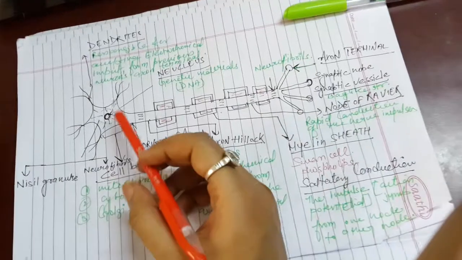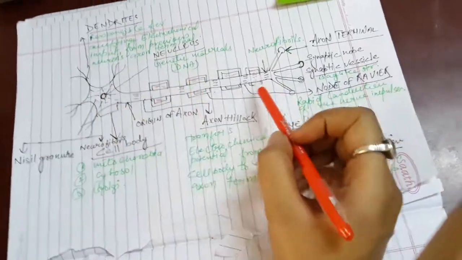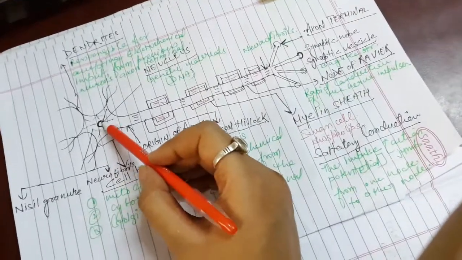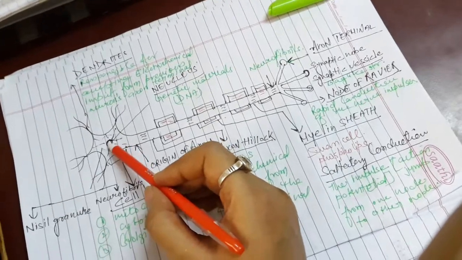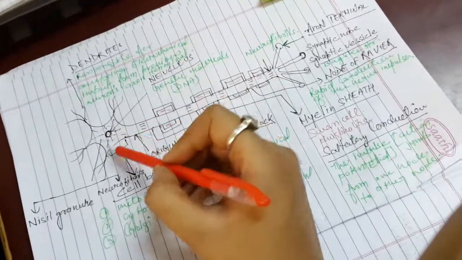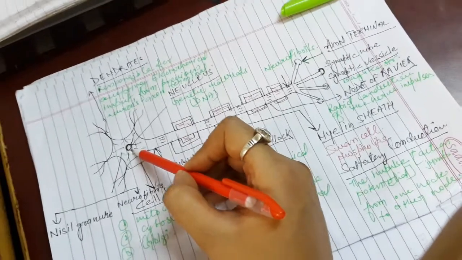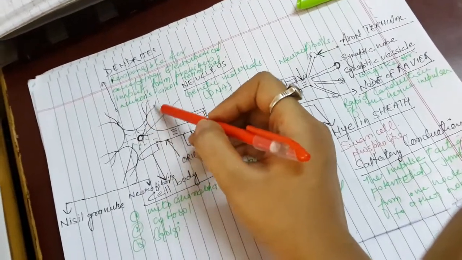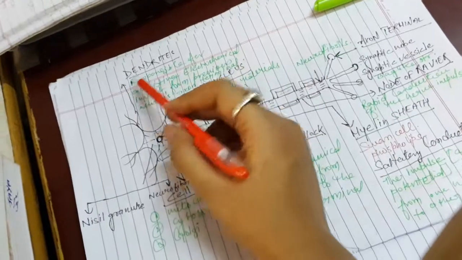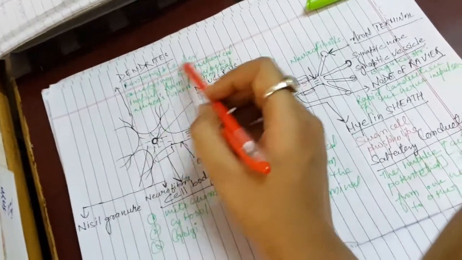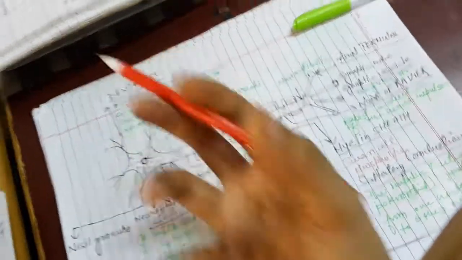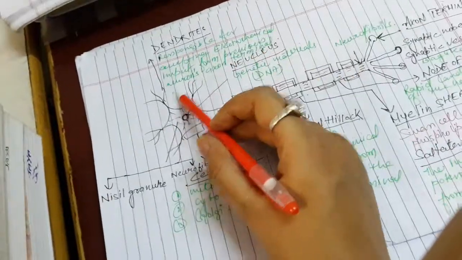So in today's class we have discussed the parts of neuron. Here it is the nucleus, which is enveloped and contains genetic material. Then here is a branch-like structure called dendrites, which is responsible for accepting the electrochemical input from the previous neurons.